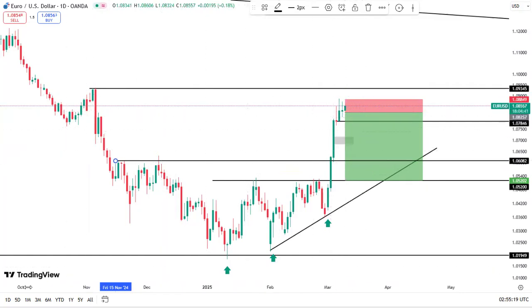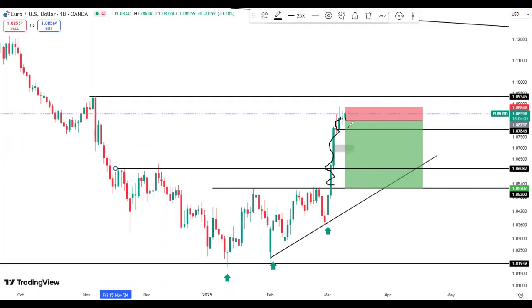So our left hand side right now is this uptrend. I'm sorry, as the market is coming down, we'll pay attention to this one.